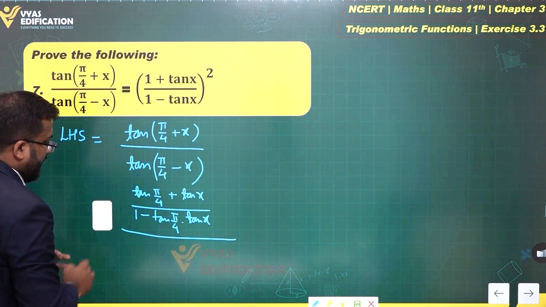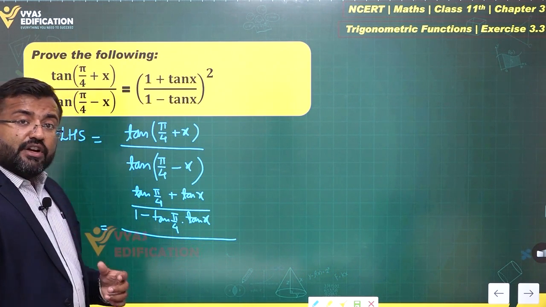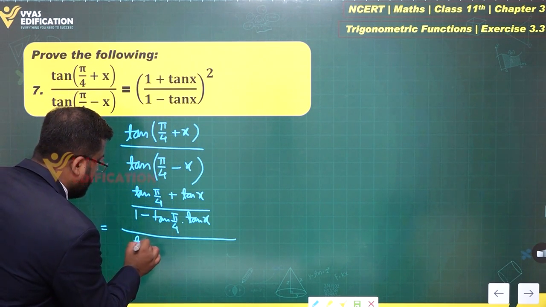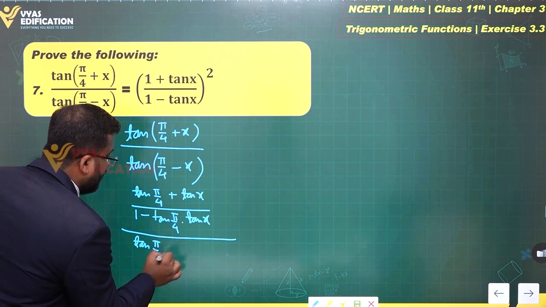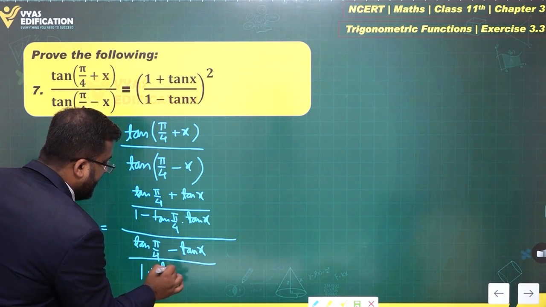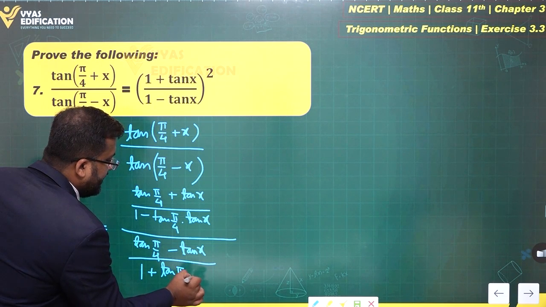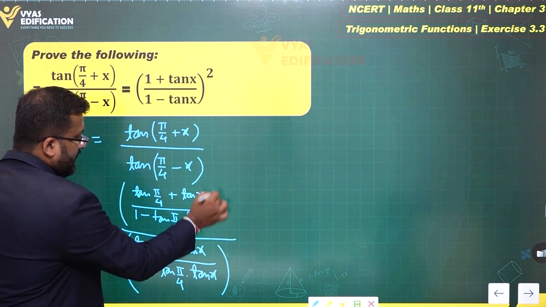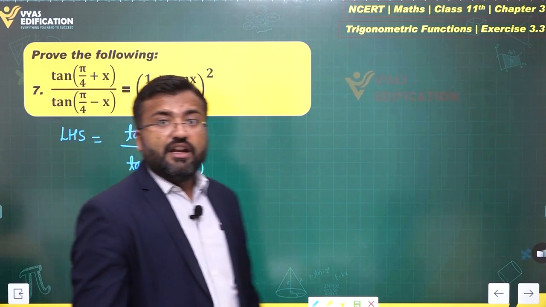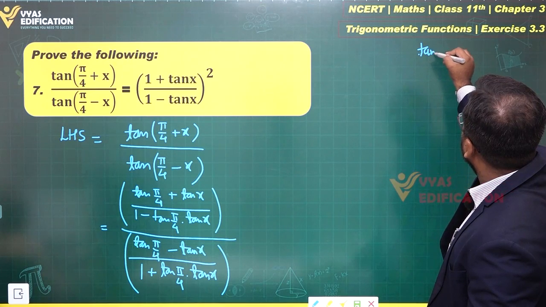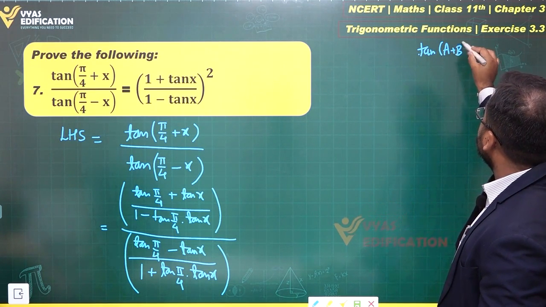What about the denominator of LHS? In the denominator, you have tan of a minus b, which will be tan of pi by 4 minus tan x over 1 plus tan of pi by 4 times tan x. This is what you have in the numerator and the denominator respectively, right? What did we apply over here? Let me write the formula. Tan of a plus b is equal to tan a plus tan b over 1 minus tan a into tan b.